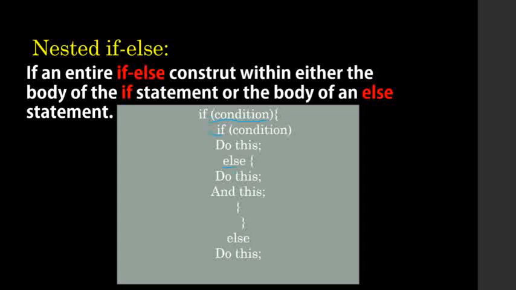Now this whole part is constructed within this part. This is the if part and this whole part is enclosed in this if part, and this else part is related to this if. So this is an example of nested if-else.